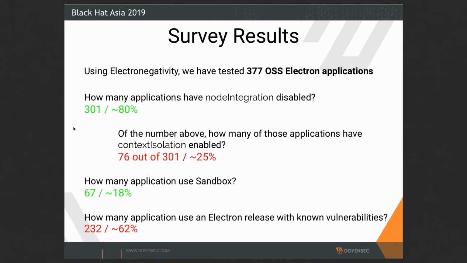Of those, though, only a small percentage, 25%, is using context isolation, and we'll see why that matters. Sandbox, while it's still experimental, there are people out there today trying it in production, so that's also good news. And then, yes, a lot of people still don't update Electron to the latest release.